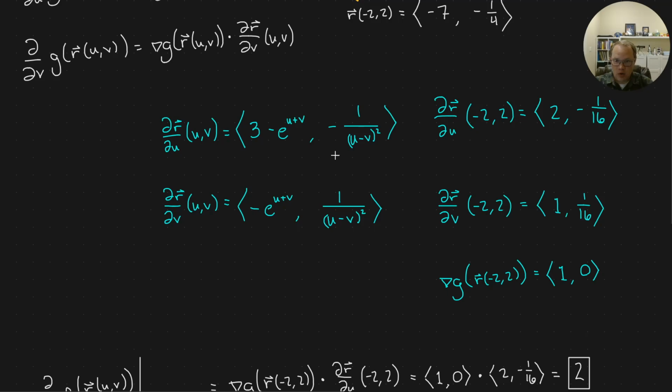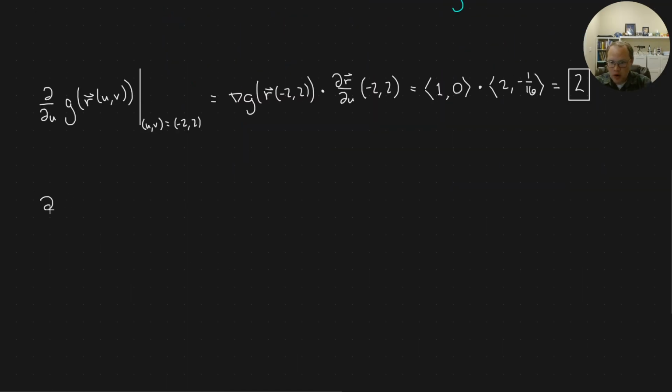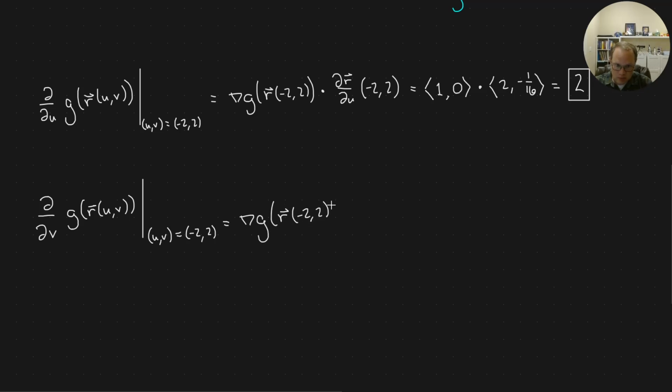Just one more derivative to go. We need the partial derivative of g with respect to variable v at that point. So the partial derivative of g of r of u of v with respect to variable v evaluated at u and v equal to negative 2, 2 is equal to the gradient of g of r of negative 2, 2 dotted with the partial derivative of r with respect to v at negative 2, 2.